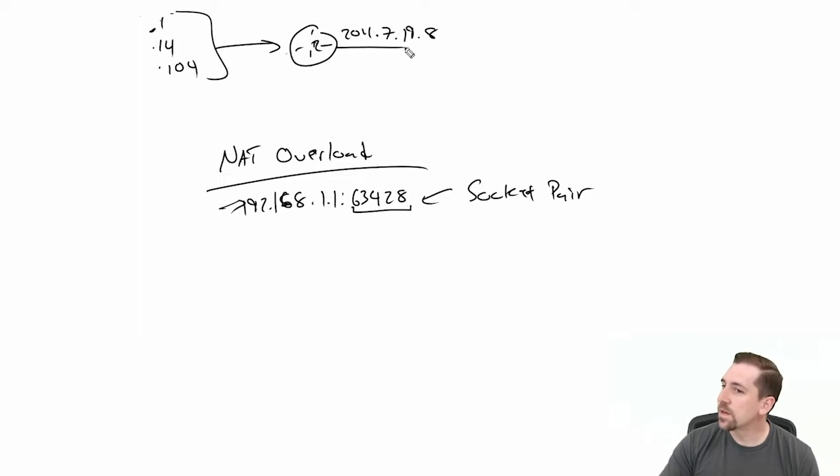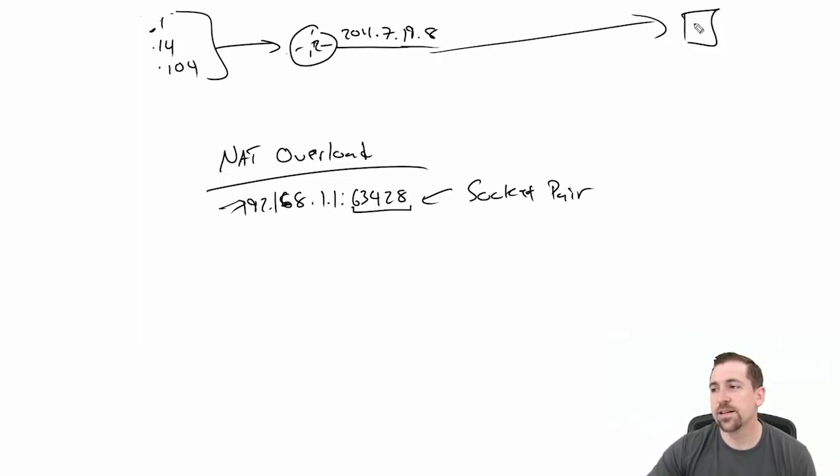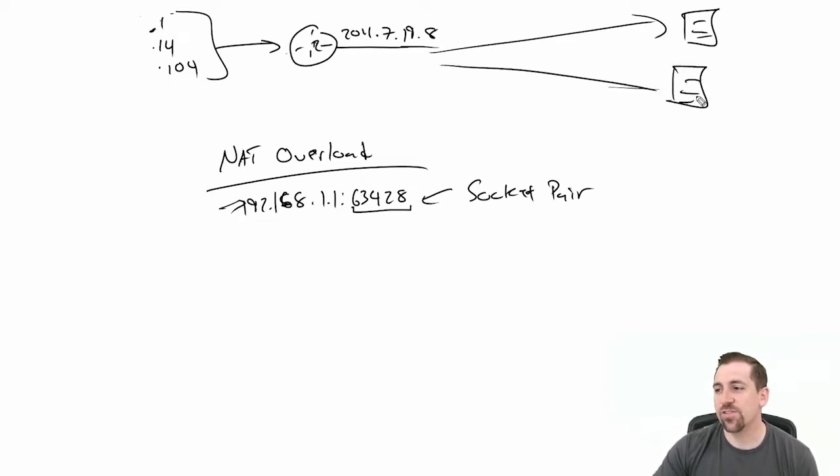204.7.19.8, when these hosts communicate out to a bunch of different servers, right, Google, some other mail server, and an FTP server out here. So we've got POP, HTTP, and FTP, a bunch of services out here.